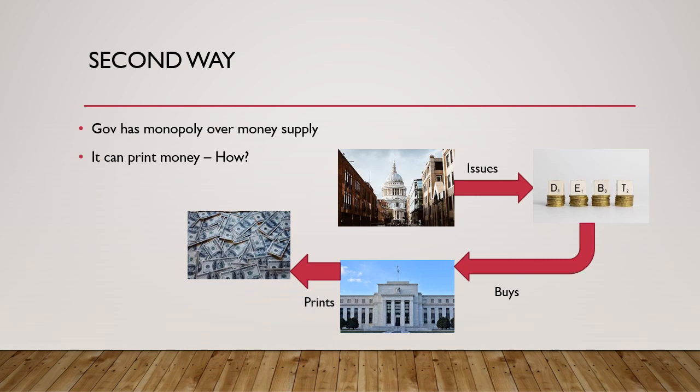And how does it do that? By printing money, issuing fresh money, which in turn is deposited with the federal government, thus funding its fiscal deficit. In the modern context, this is called QE, or quantitative easing.